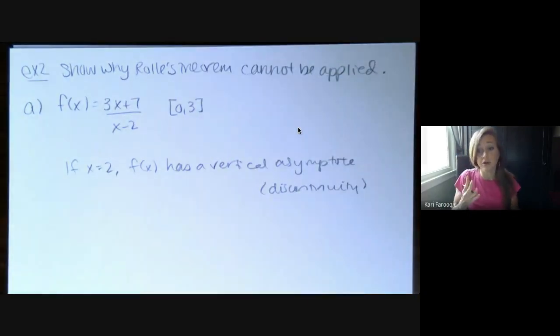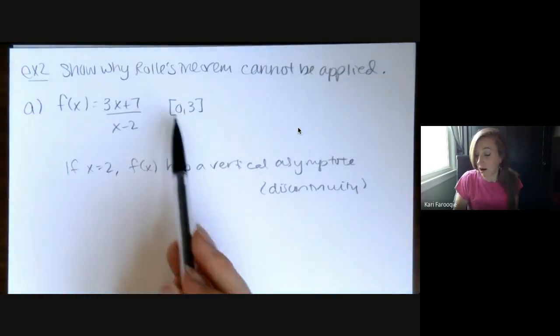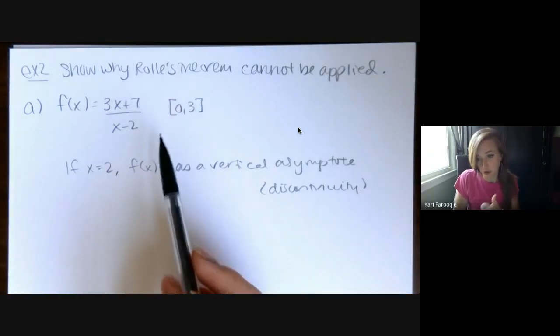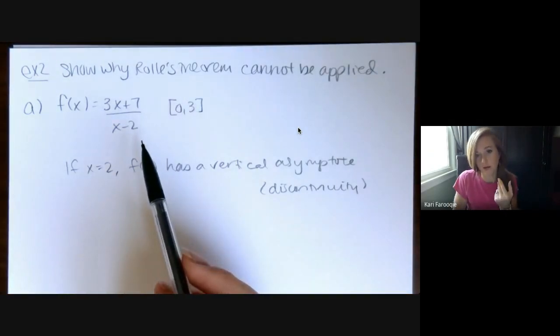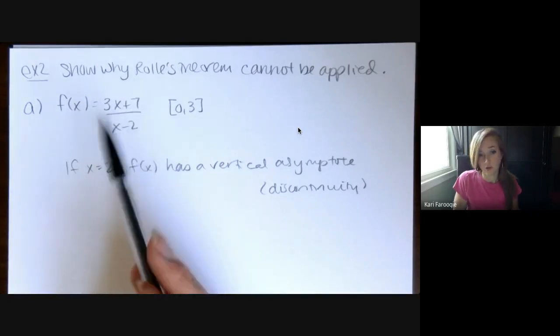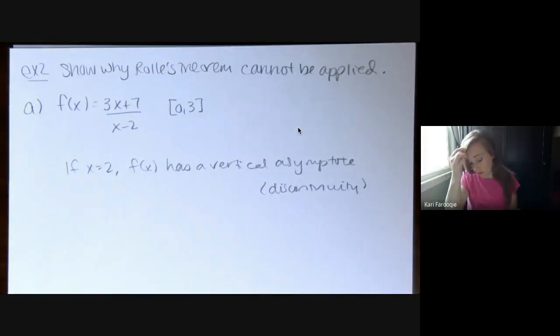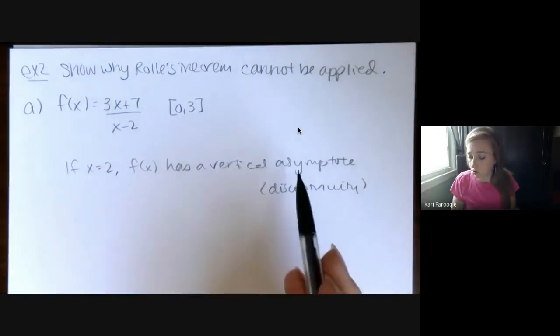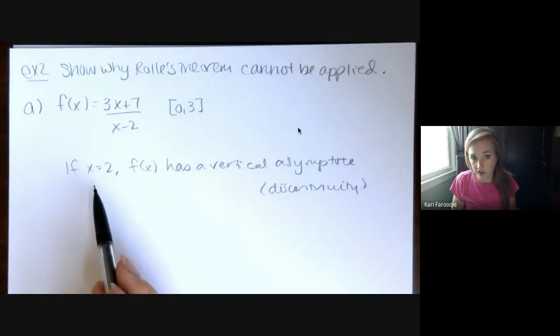Now, a discontinuity is not always bad. It just depends on where it is. What we're looking for is that on our interval, we have to have the function be continuous, differentiable, and f of a equals f of b. Now, if I were you, I wouldn't even try f of a equals f of b at this point. You don't need to, because we've already just shown that at x equals 2, the function's not continuous.